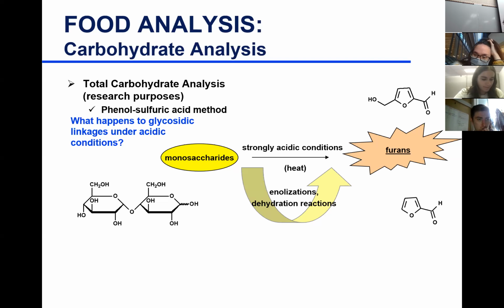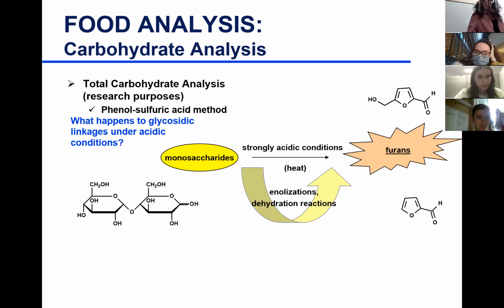The monomers, also in the presence of acid and heat, the heat generated from the exothermic reaction, are going to undergo changes. We get dehydration, we get enolization. So your ketones and aldehydes will become furans. Now you have furans.